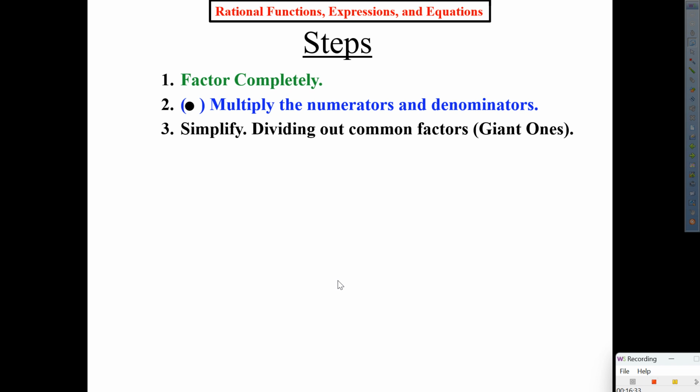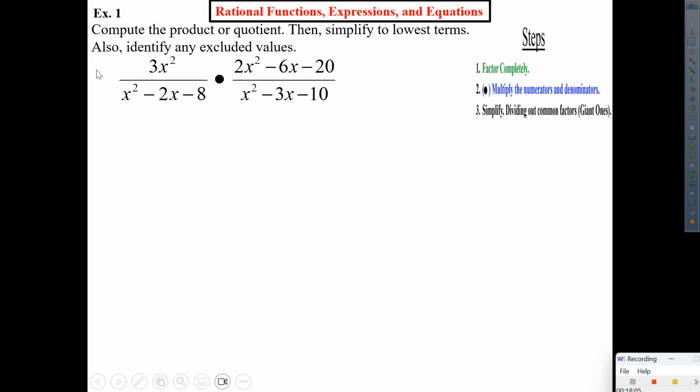All right. Y'all ready? So I'm going to leave those steps on the side. There they are. Copy example number 1. It says compute the product or quotient, then simplify to lowest terms. Also identify the excluded values. So here's your first rational expression, 3x squared over x squared minus 2x minus 8, times 2x squared minus 6x minus 20 over x squared minus 3x minus 10.